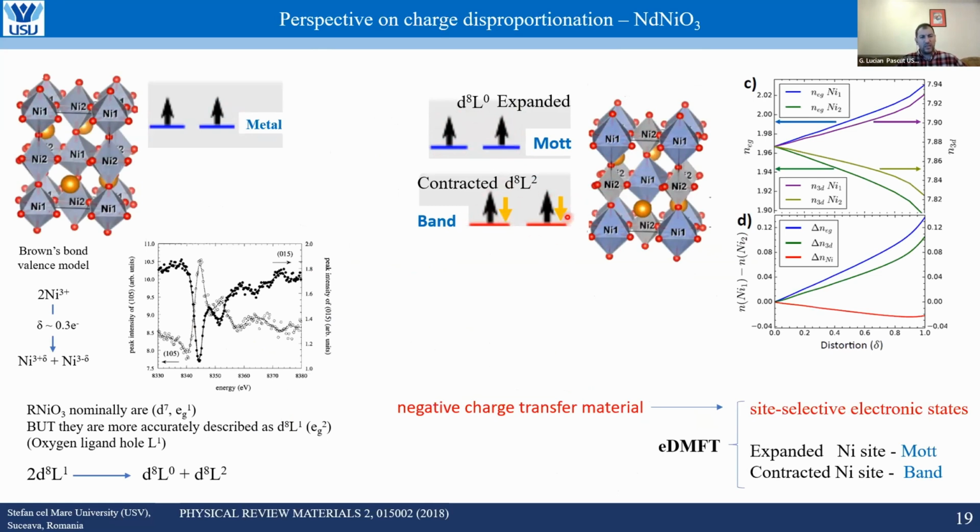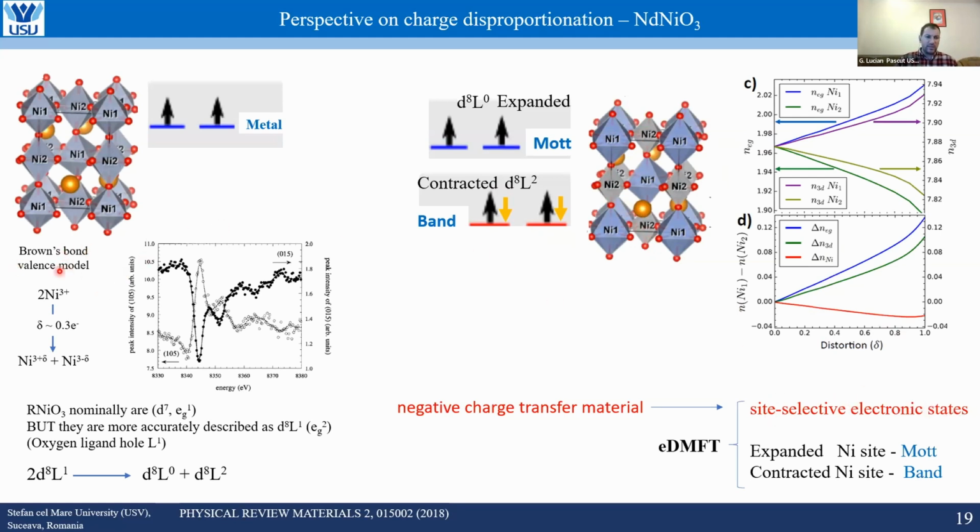So this one, because of this hybridization, becomes band-like. So in other words, I can explain the resonant X-ray scattering experiment by saying that on each site I have a different type of physics without invoking any charge disproportionation. And this kind of state is termed in the literature site-selective electronic states.